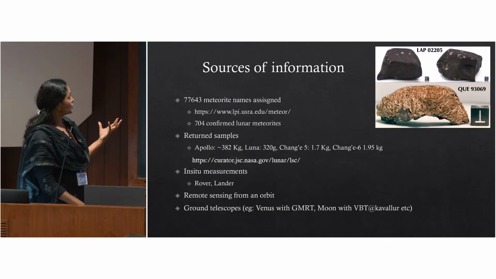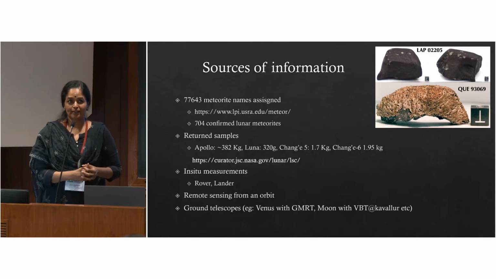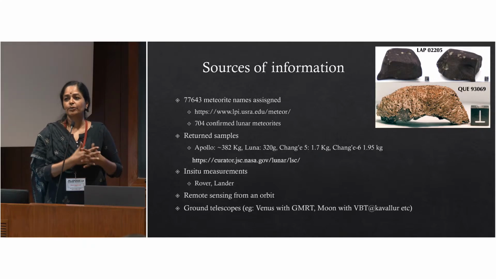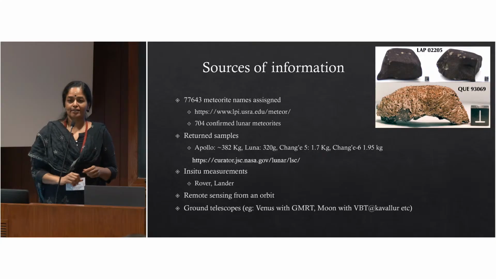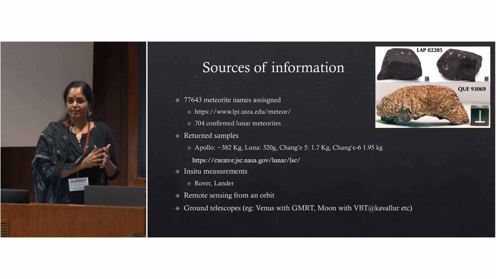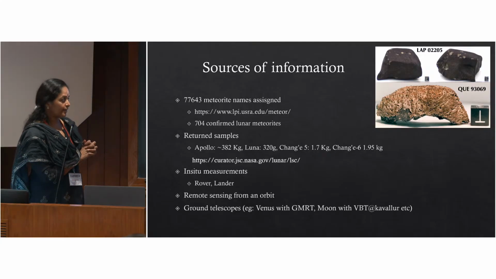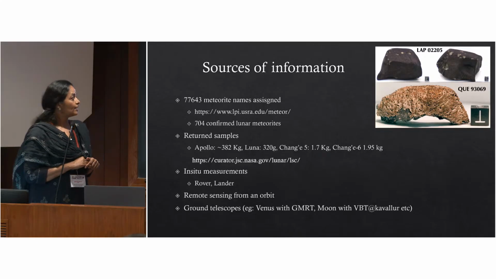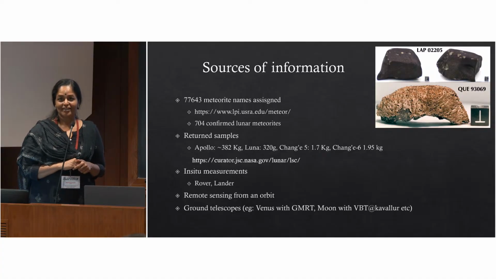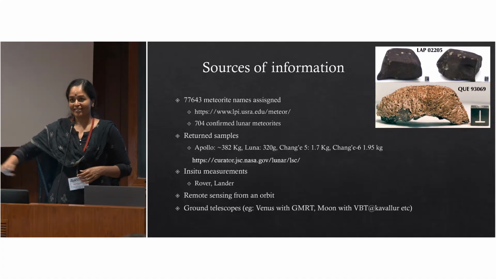Also, I just wanted to mention what the sources of information are when we do planetary science. In astronomy, it's mainly ground telescopes or space telescopes, and of course modeling, simulation, etc. But in terms of instrumentation and techniques, the source of information in planetary science is much wider. Like we have meteorites. Meteorites are free.